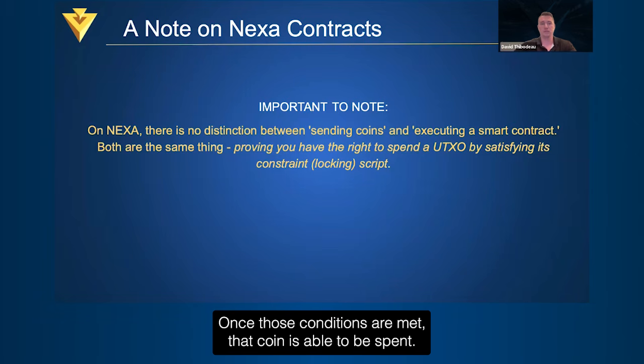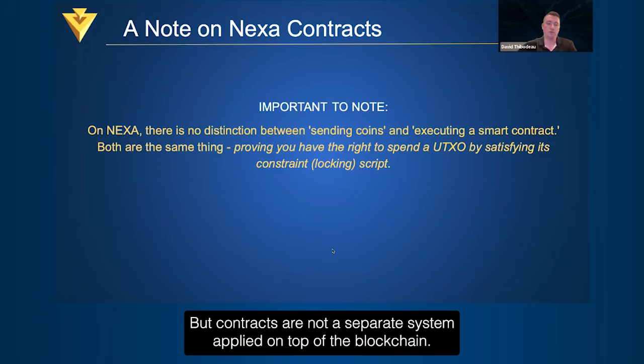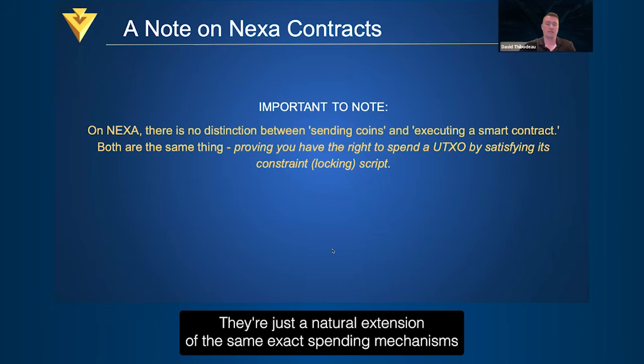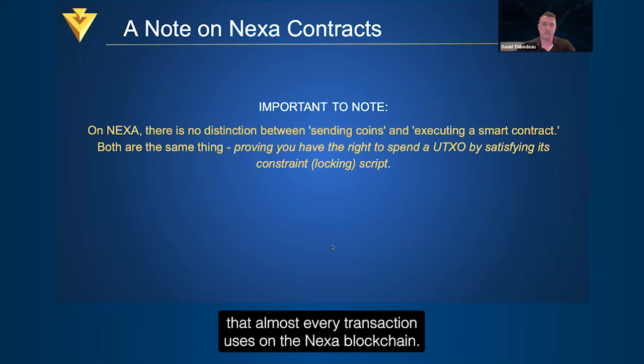Once those conditions are met, that coin is able to be spent. But contracts are not a separate system applied on top of the blockchain. They're just a natural extension of the same exact spending mechanisms that almost every transaction uses on the Nexa blockchain.